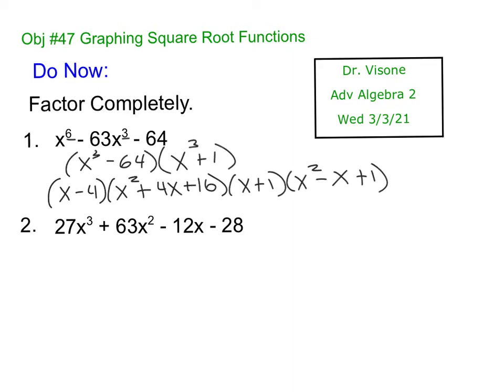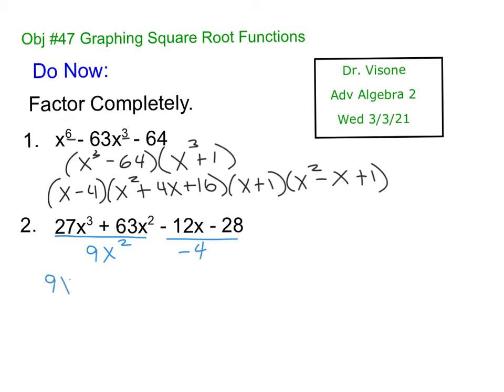For number 2, there are 4 terms. So whenever there's 4 terms and it says 3, 2, 1, nothing with the x's, automatically I'm going to try factor by grouping. So I'm going to factor the first 2, and I get 9x squared. Factor the second 2, minus 4.